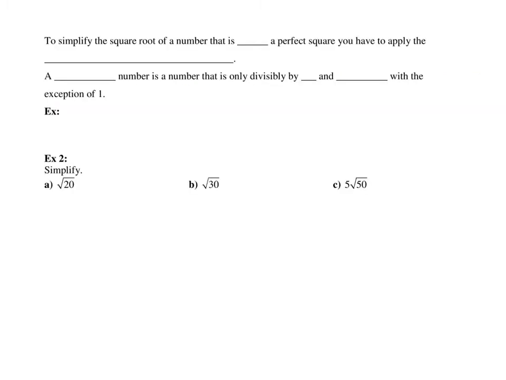To simplify the square root of a number that is not a perfect square, you have to apply what's known as the prime factor tree. A prime number is a number that is only divisible by 1 and itself, with the exception of 1.